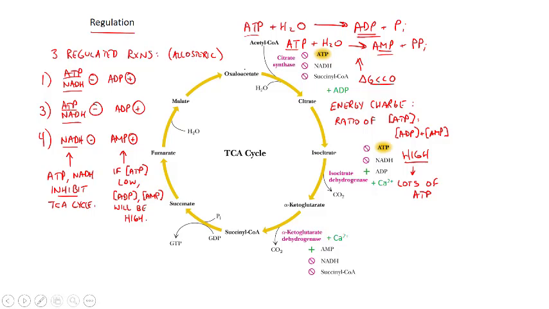If it's high, that implies that you've got lots of ATP. All right, so the citric acid cycle is regulated by energy charge. It's a shorthand way of saying that ADP and AMP activate it and ATP inhibits it. And that's a general feature of catabolic pathways. Catabolic pathways, of which this is one, tend to be inhibited by a high energy charge.